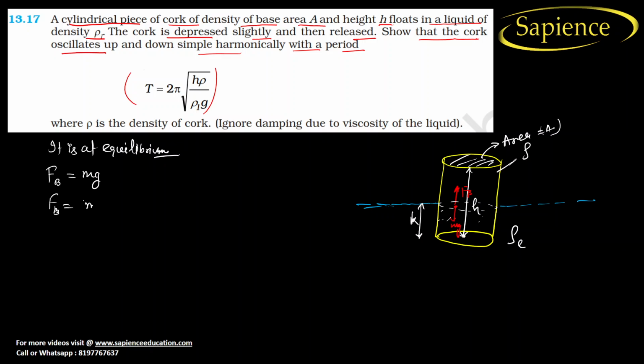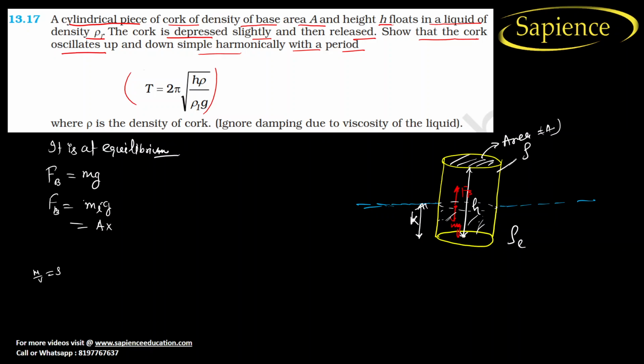Force is equal to mass into gravity, but here it is the mass of the liquid displaced. Mass per unit volume is equal to density, so mass is equal to volume into density. Volume is the area of the cylinder into height.